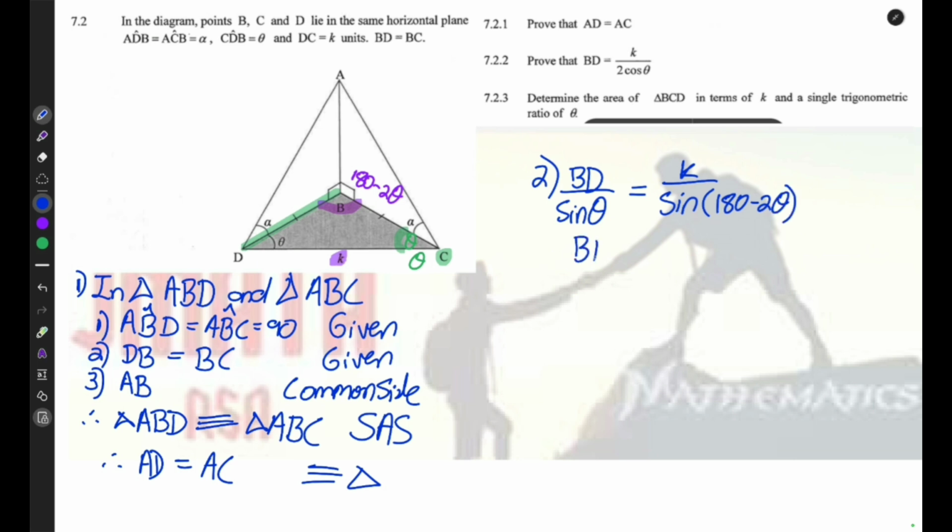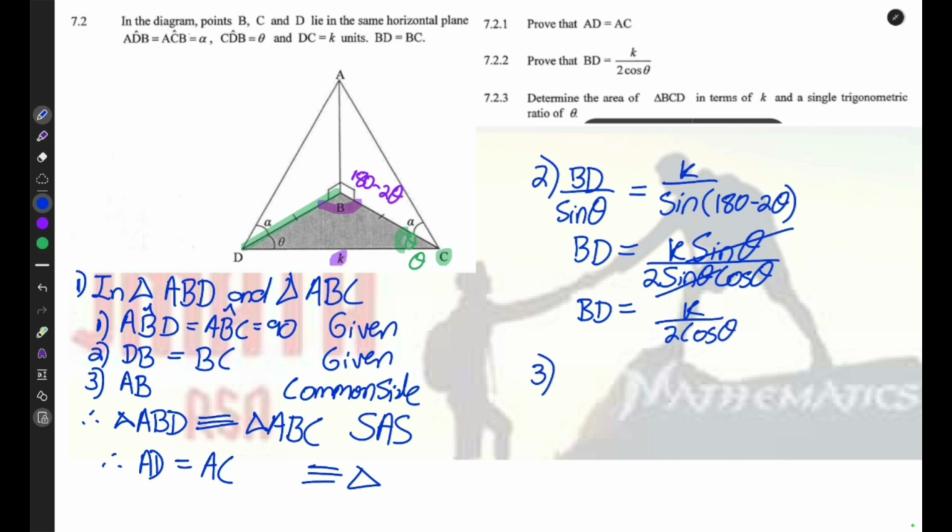I want BD alone, so I'm just going to multiply over, so that's K sine theta. Now, something you need to remember, reduction rules, grade 11, sine 180 minus is the second quadrant. Sine is positive there, so that is just sine 2 theta. In grade 12, we learned that sine 2 theta can be written as 2 sine theta cos theta, and therefore the sine thetas cancel out, and that's how I get their answer, K over 2 cos theta.